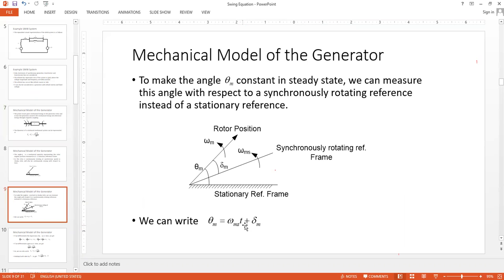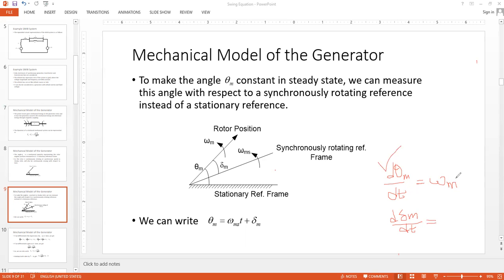Now, before I move forward, as we said earlier that d theta m over dt, we were supposed to get some absolute speed of the rotor. Now, if I take d delta m over dt, what should I get? Can anyone tell?